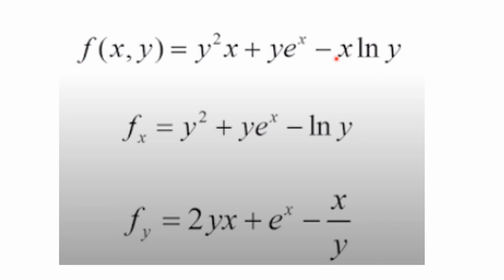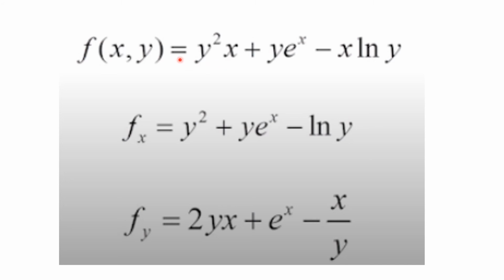When I take the derivative, this is just like 5x, so I get y squared. When I take the derivative of this, y is a constant, so I take the derivative of e to the x, which is e to the x. And here I have the constant ln y times x, so the derivative with respect to x is just minus ln y. So this is the partial with respect to x.